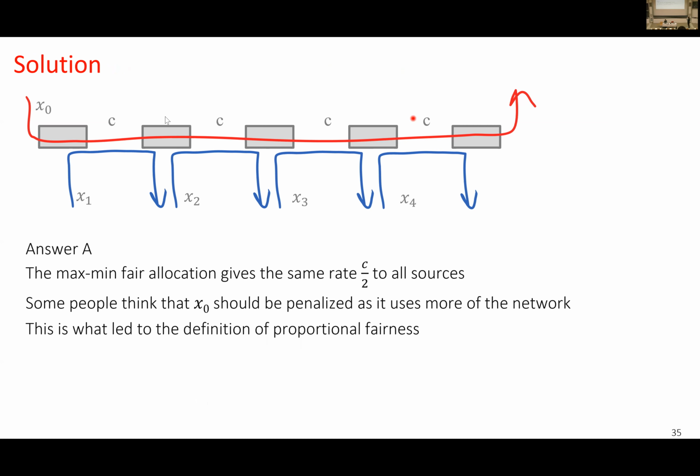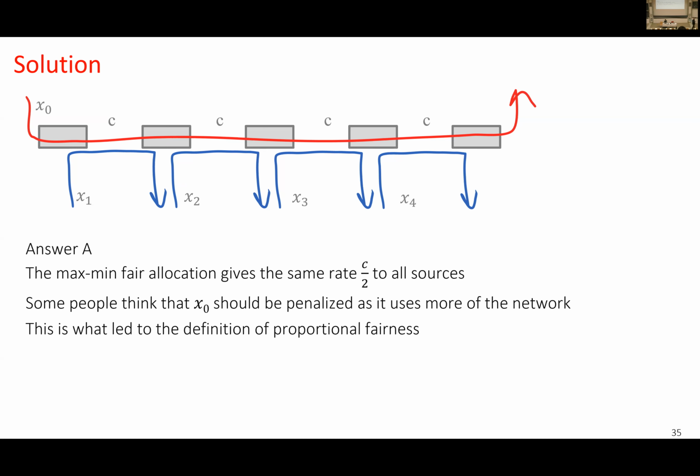Well, the max-min fair allocation is used in many settings where we allocate resources, for example, in cellular networks, also in some internet settings. But this has been criticized by some researchers, who said that if we look at a case like this, the red connection receives the same as each of the blue connections, whereas in fact the red connection is using much, much more resources here.